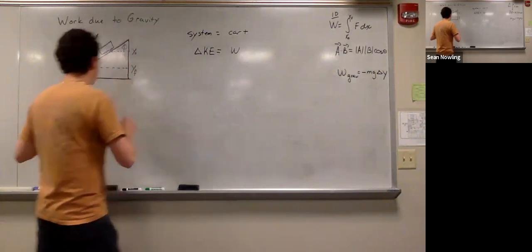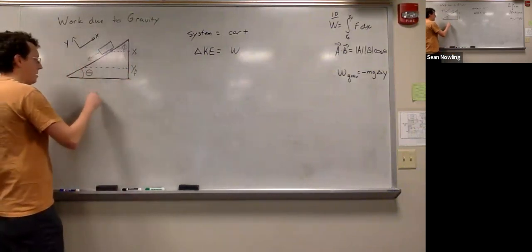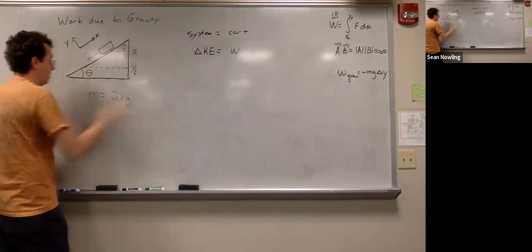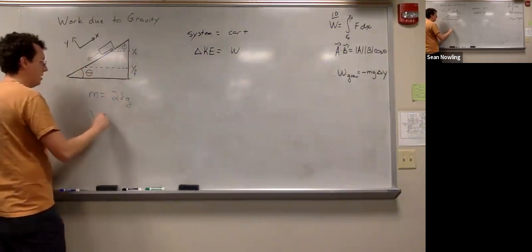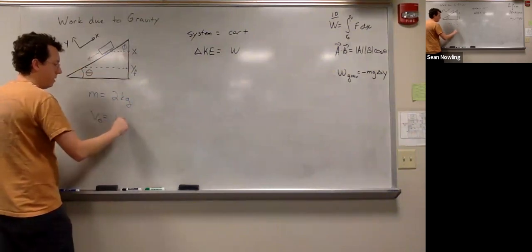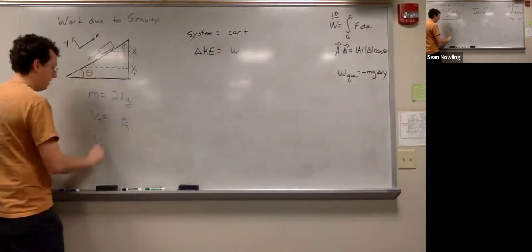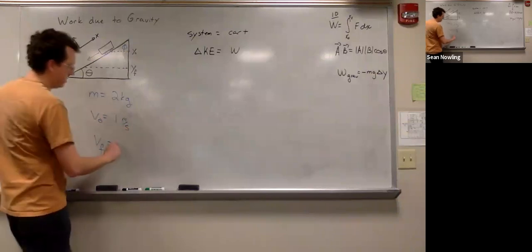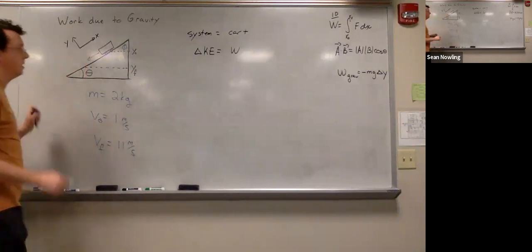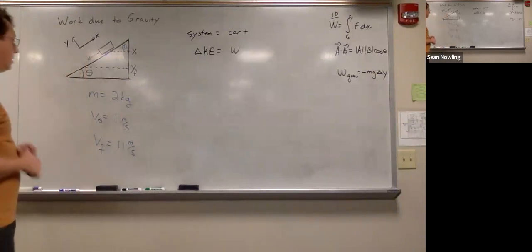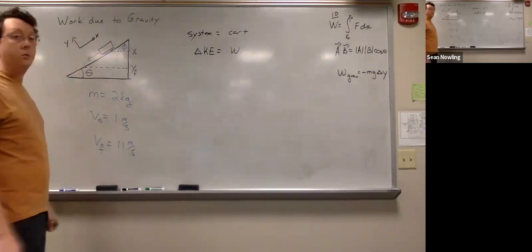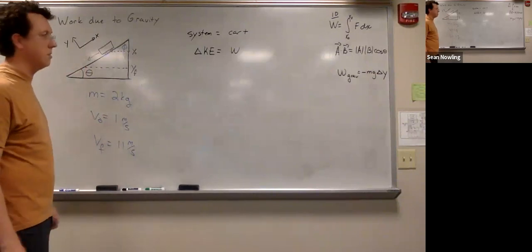So we'll say the mass equals 2 kilograms. V initial equals 1 meter per second. V final equals 11 meters per second. And let's figure out the corresponding change in height to good approximation.